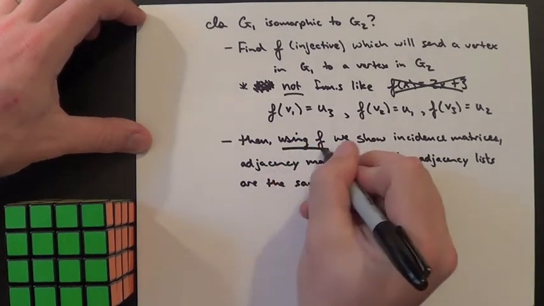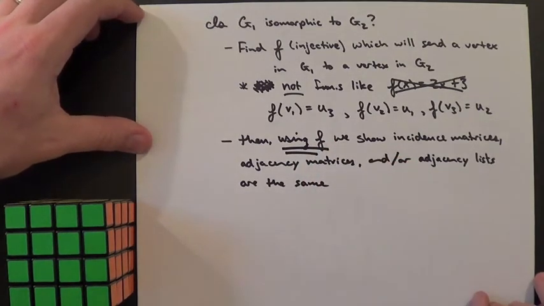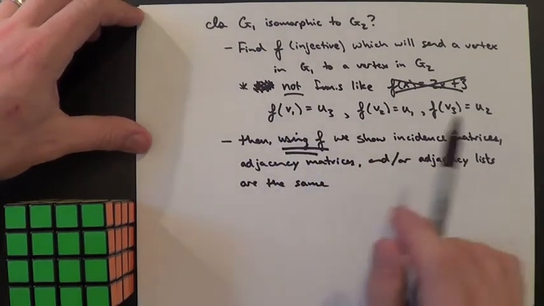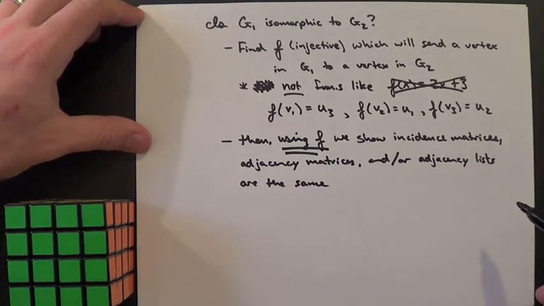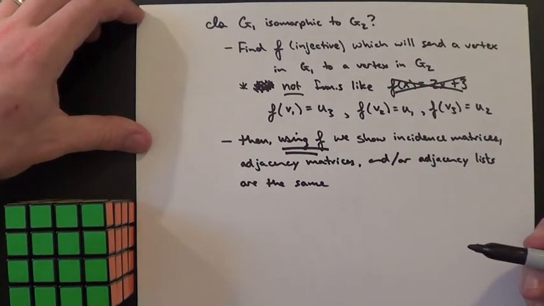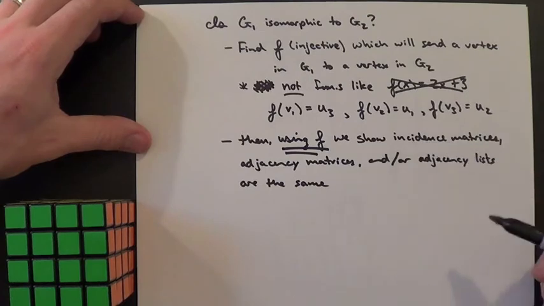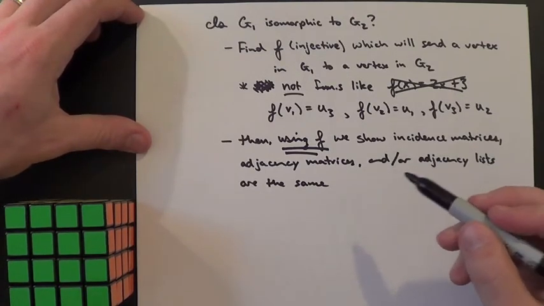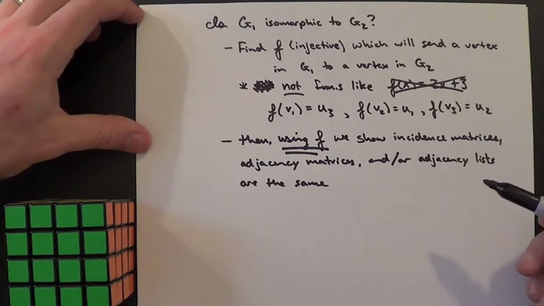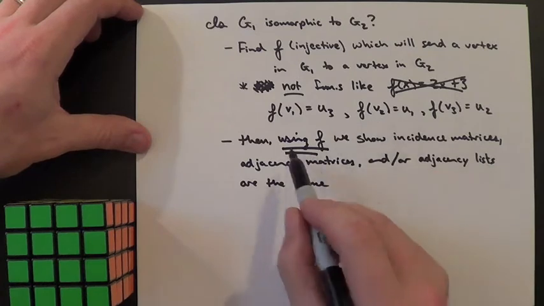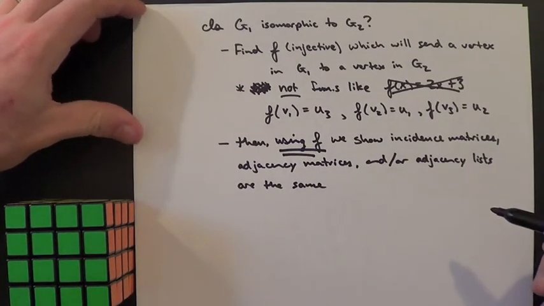But again, you have to be using that function f in order to show that. If you haven't sent v1 to u3 and so on, then there's a chance that you could still have an isomorphism between G1 and G2, but your adjacency and incidence matrices or the adjacency lists would not be the same. So you have to use f in order to do so.